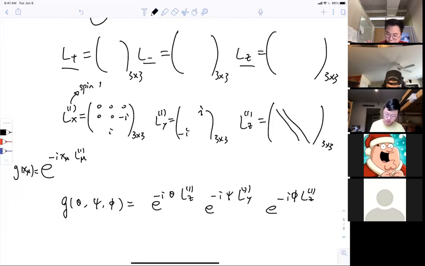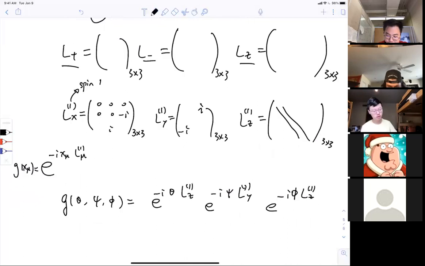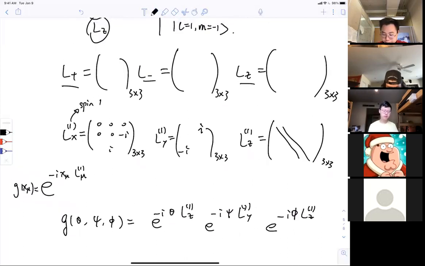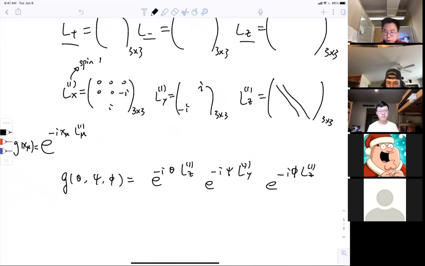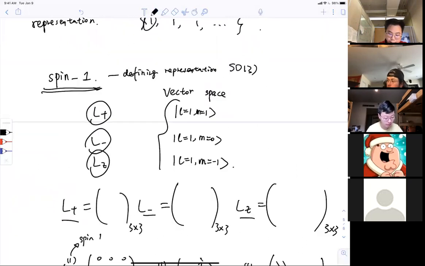And you get the intuition of how we rotate. And this is the spin 1 representation. And this is exactly how we rotate objects in real space, and also how we rotate objects in this spin 1 space.